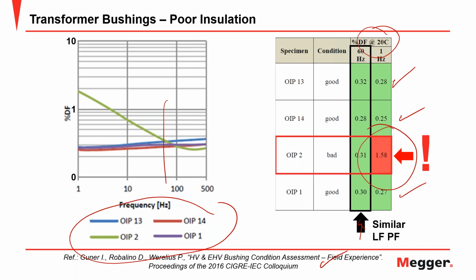So I would suggest you to do a full analysis. So something that I was not able to capture on my line frequency power factor, now it's been captured when I go to 1 Hertz on my power factor or narrow band dielectric response. And it took me only 3 minutes to get to that conclusion.